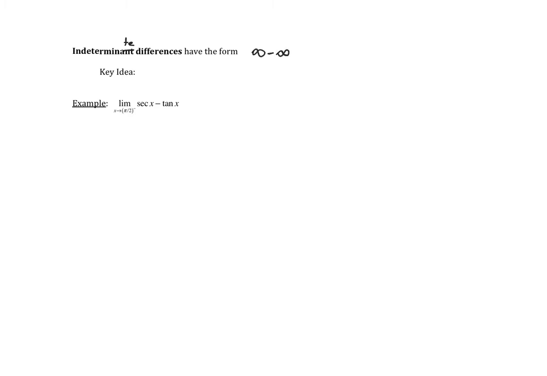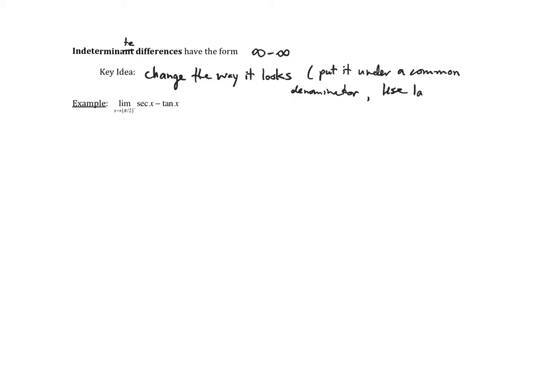Okay, so our goal, the key idea, is to change the way it looks. And there's a couple ways that we could do that. You could either put it under a common denominator. Another thing that you might try is if there's logarithms, you could use the law of logarithms.